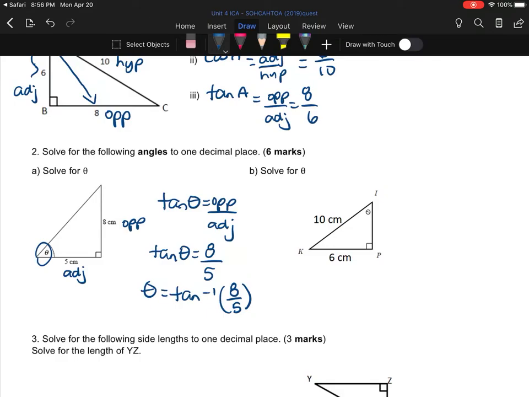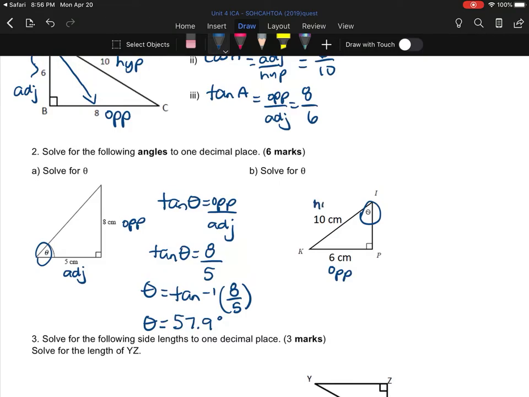So then doing the 8 divided by 5 and the bracket then is easy, but maybe your calculator, it makes more sense to do 8 divided by 5 and then write the tan inverse of that. It doesn't matter. You should get 57.9. Okay, so 1 decimal place, that's 1 decimal place.